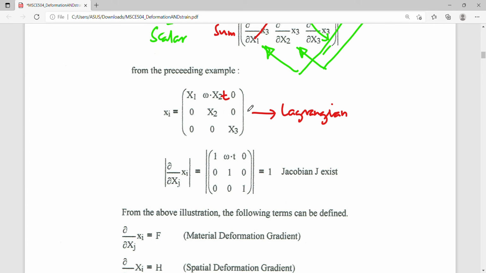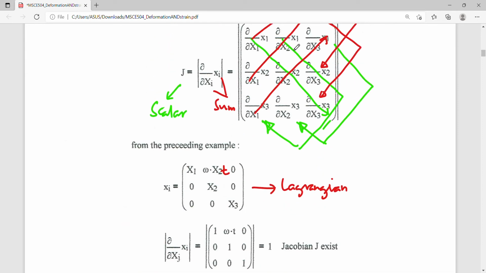Okay, so the partial derivative of omega X2 t with respect to X1 is simply zero, and the partial derivative of omega X2 t with respect to X2 is simply equal to omega t.